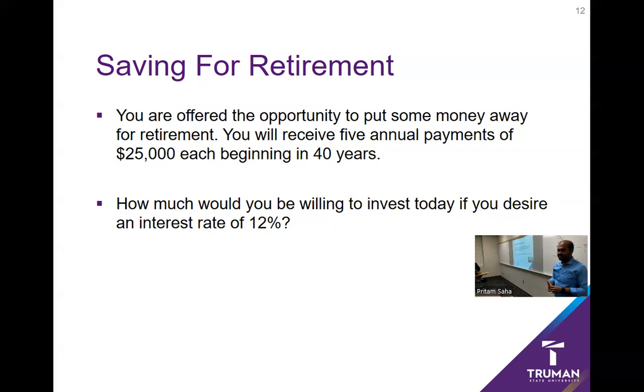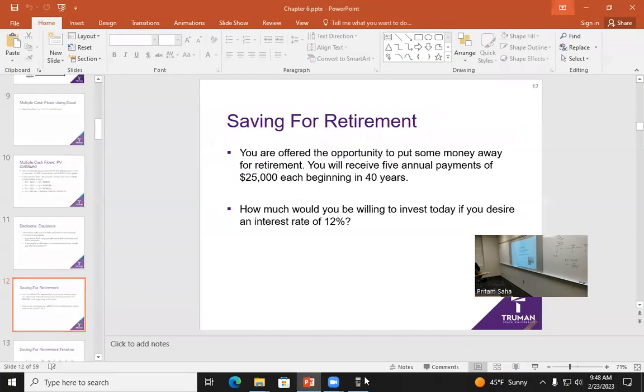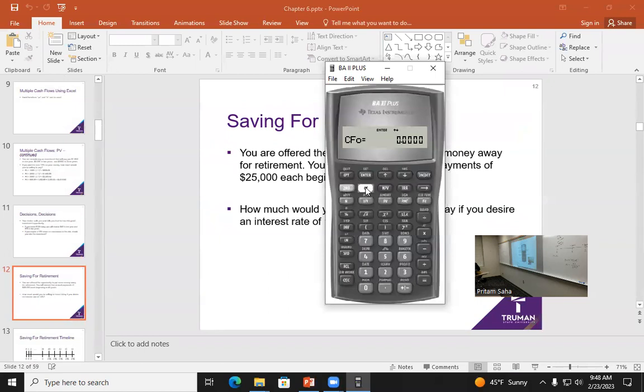I got 904. And let's do it together. Cash flow 0 should be 0, right? How much should cash flow 1 be? For how many years? Or 39? 39, right? Because you're receiving the first cash flow at year 40.